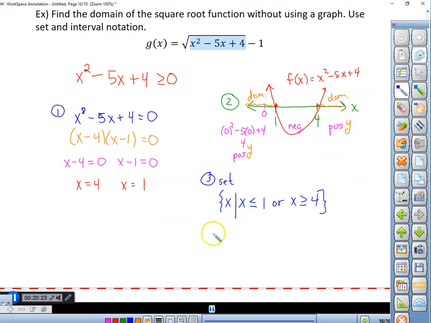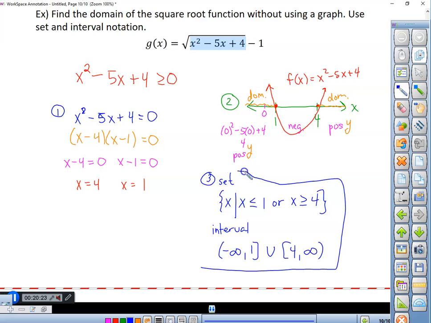And then the interval notation. So this has its own interval, so that would be from -infinity to 1 with a bracket at the 1 because it's included, in union with from the 4 to +infinity for numbers greater than or equal to 4, like so.